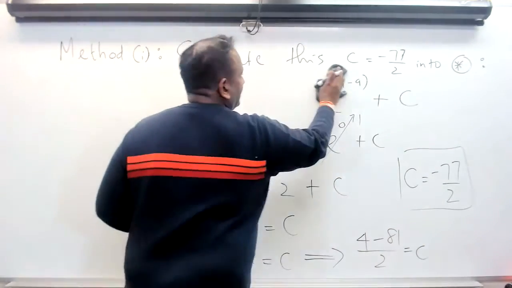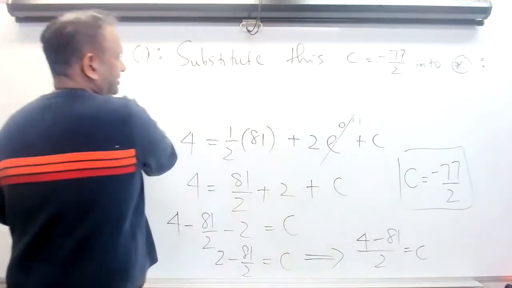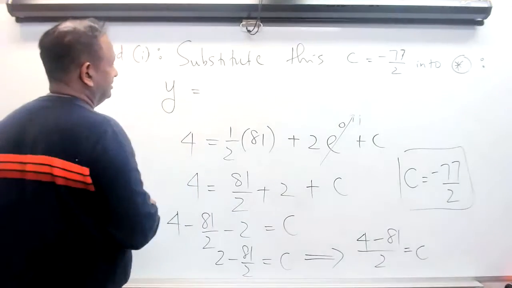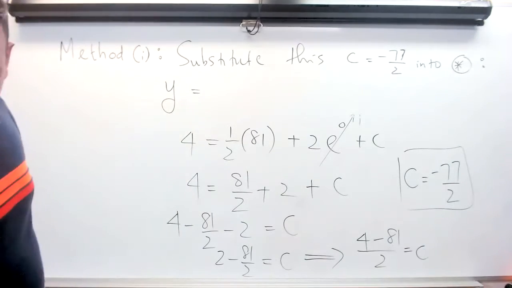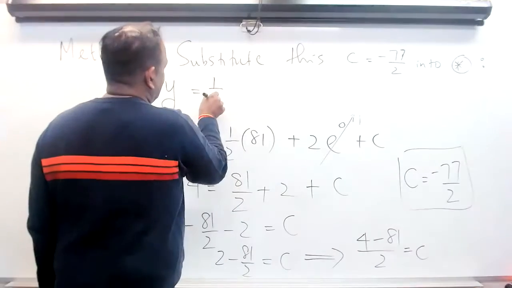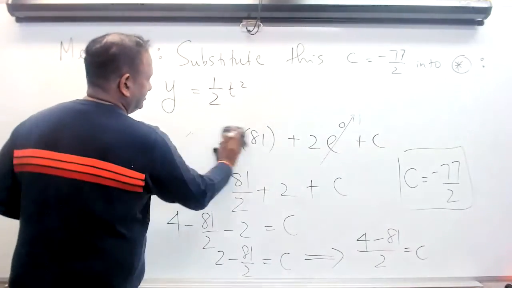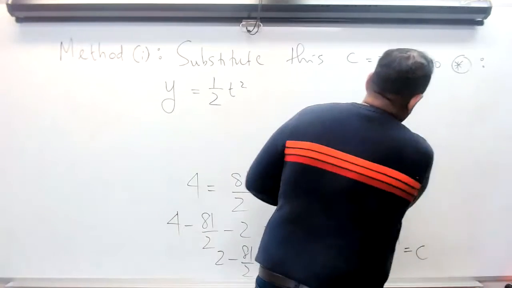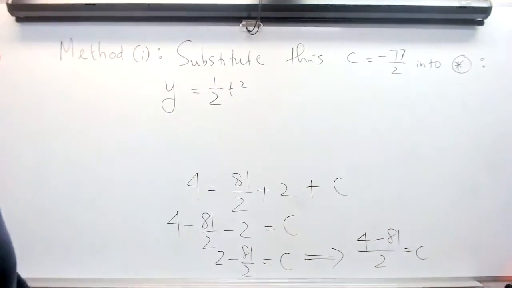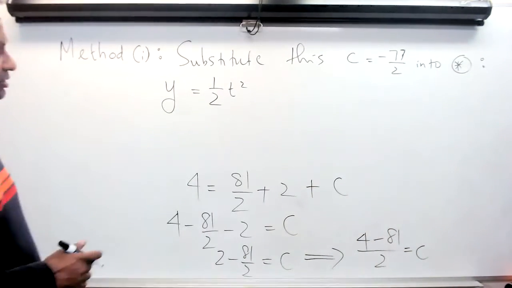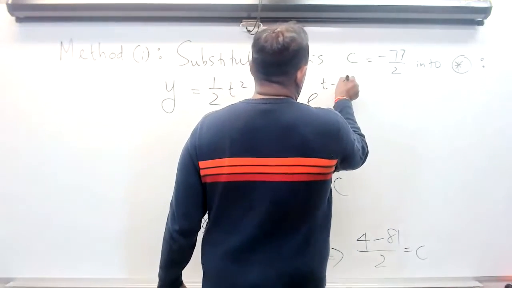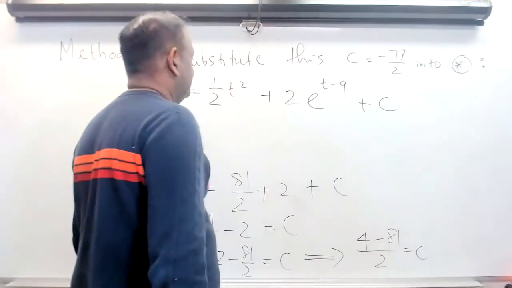That's all, that's the final answer. Very easy. You remember you had y equals half t squared plus 2e to the t minus 9, like this. Your star was like this.